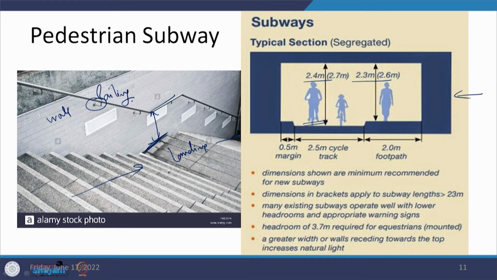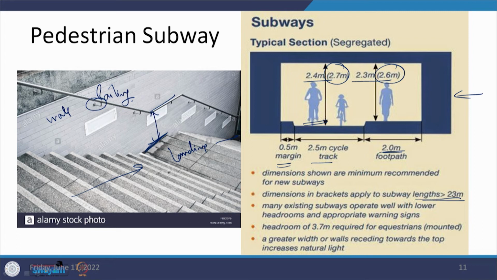But at the same time there are other values being shown here, and those values are for those particular cases when this subway is quite long, and if this is more than 23 meters, then that total space which is being provided at the subway has to be increased. And footpath at a minimum level of 2 meters wide is being provided, cycle track 2.5 meters, and then there are margins on this side for the protection which is minimum 0.5 meters. So, they are also there.